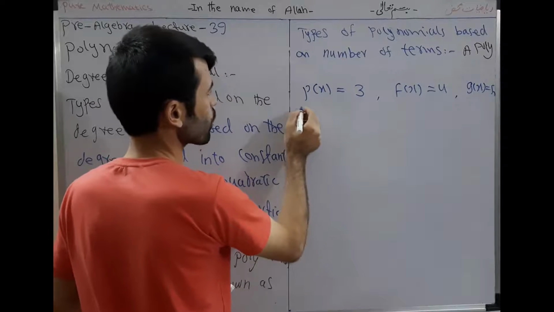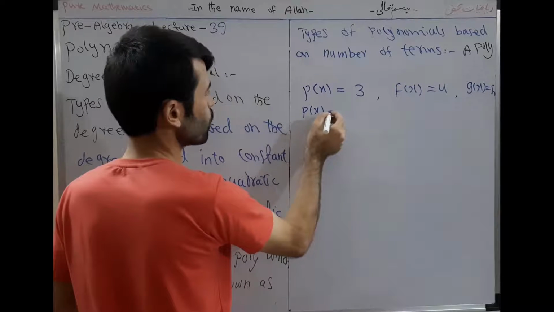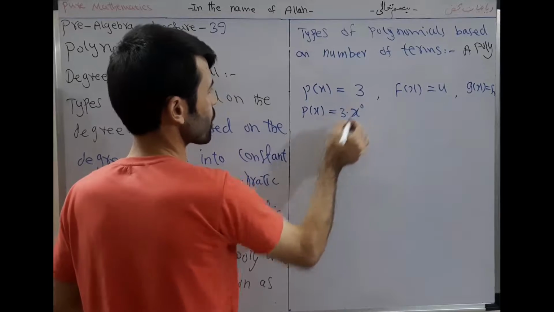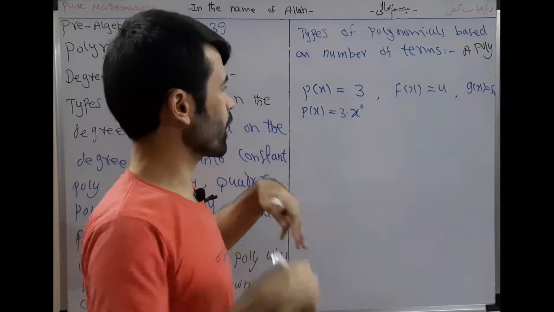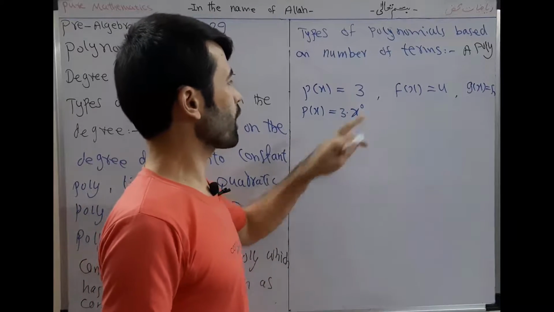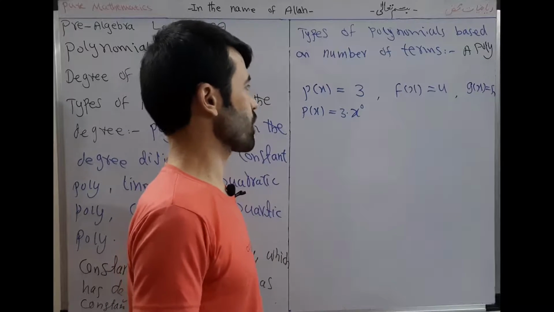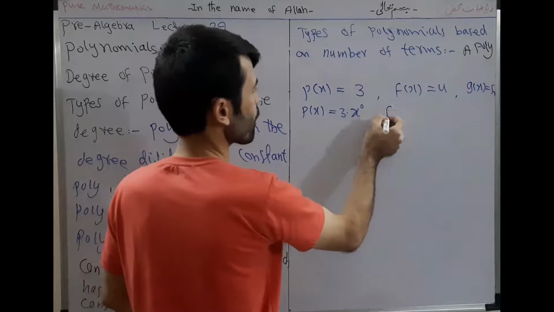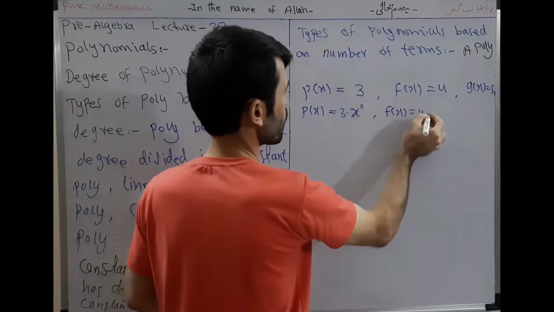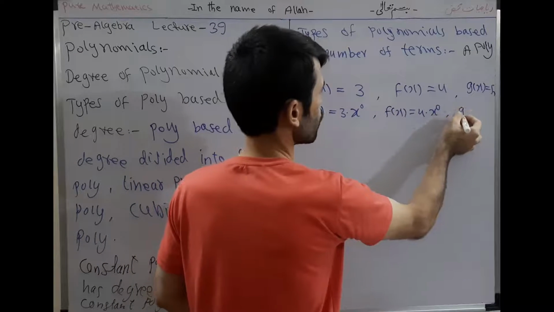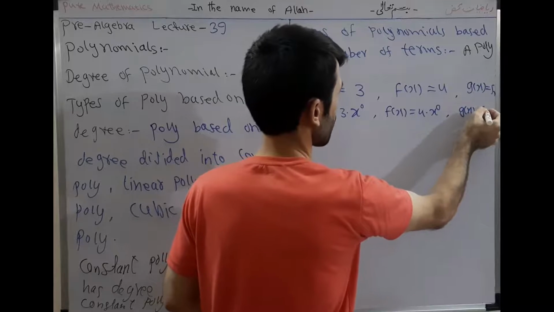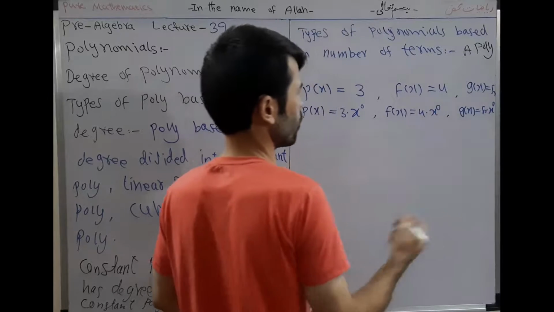How can we write p of x is equal to 3 into x to the power 0. Here in constant polynomial, the exponent of variable is 0. Here f of x is equal to 4 into x to the power 0. g of x also is equal to 5 into x to the power 0.